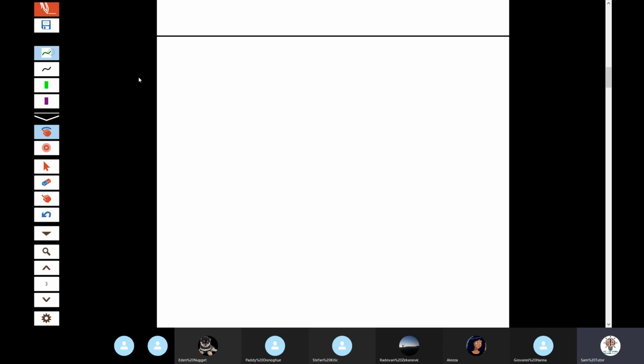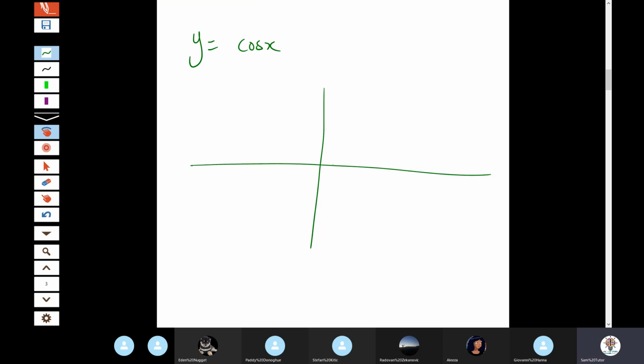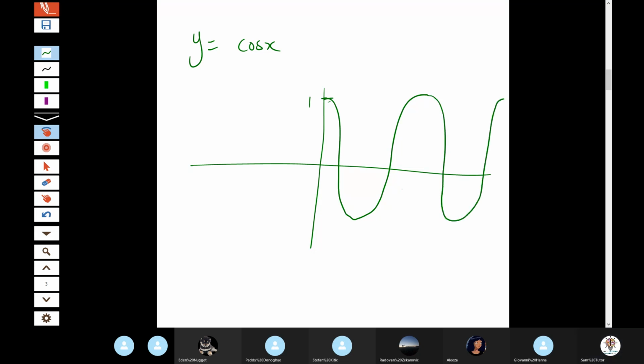Exactly the same. Y equals cos x is this. I just want to show you the continuation as well. So cos x looks something like this. 1. Okay, that is, let's say 2 pi, and let's say that is going to become 4 pi.